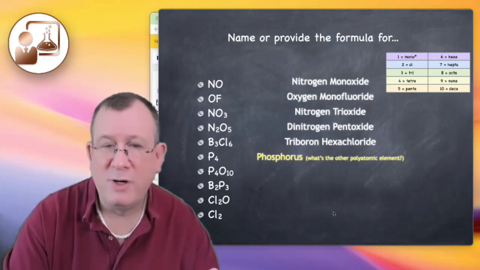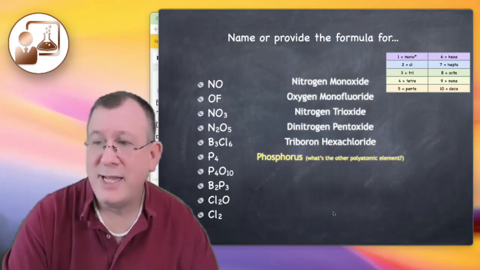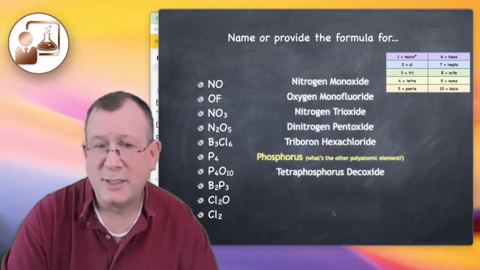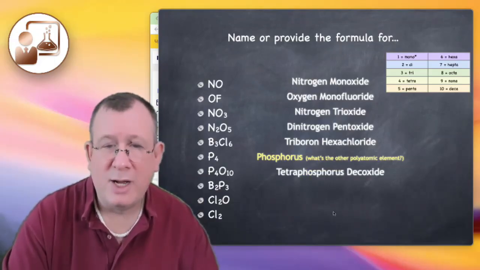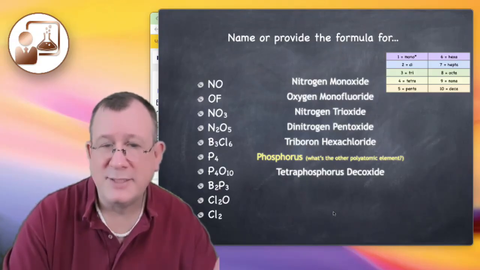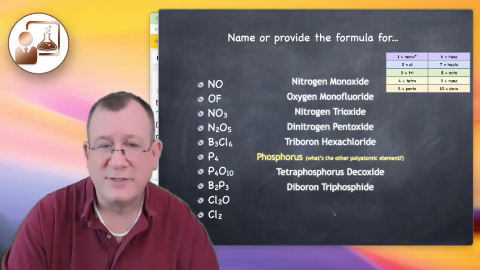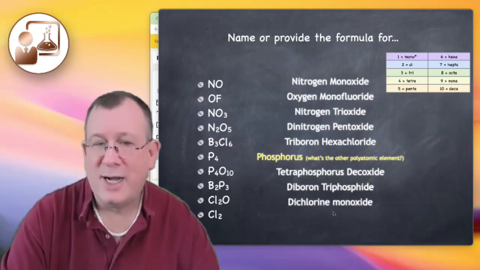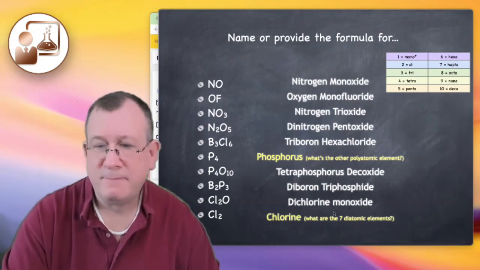But P4O10 is tetraphosphorus decoxide. B2P3 is diboron triphosphide. Cl2O is dichlorine monoxide. And the last one is just chlorine.